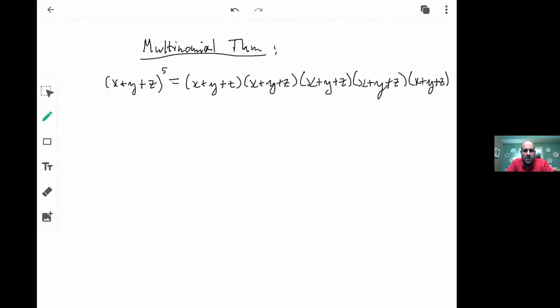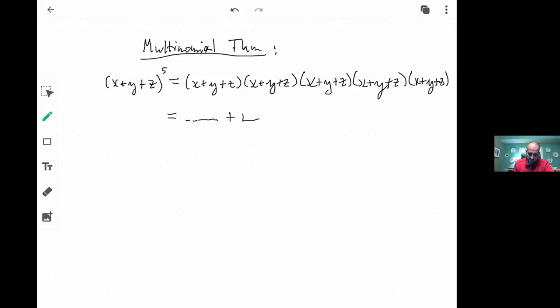So the question is, what does a generic term look like in here? Okay, so there's going to be lots of terms, but of course, everything's going to be built from x's, y's, and z's. Okay, and in theory, I could have any number of x's from 0 to 5, any number of y's from 0 to 5, and any number of z's from 0 to 5.